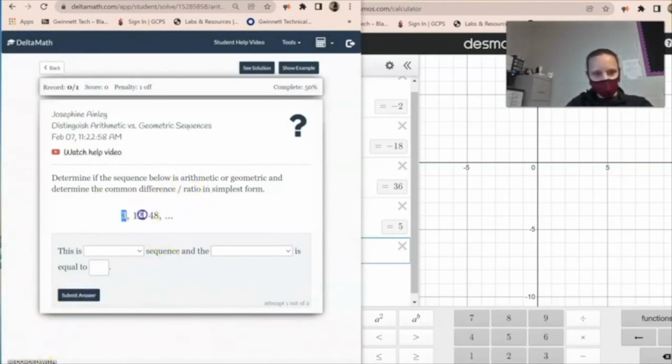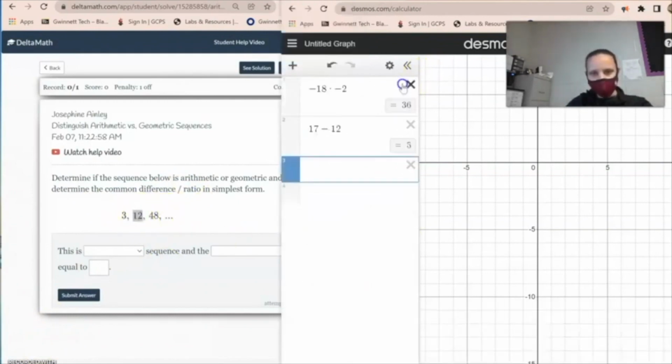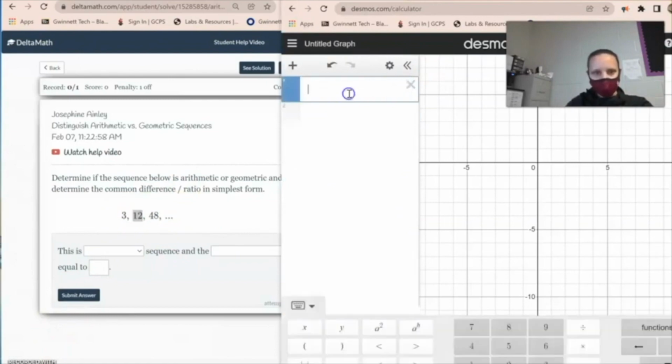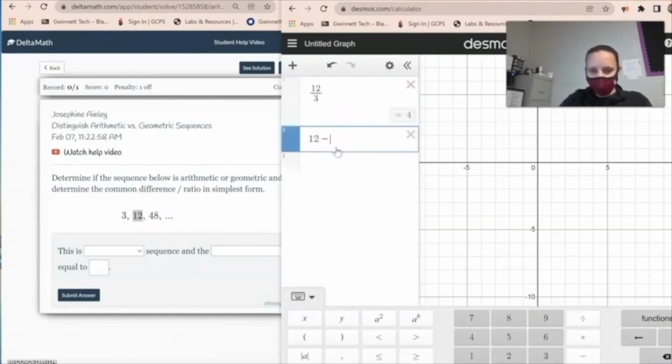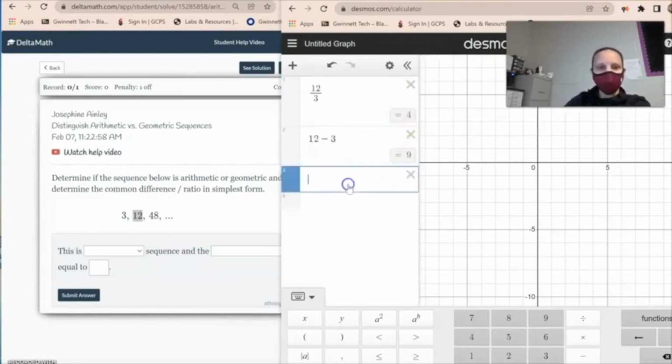So looking from 3 to 12, am I multiplying? Looks like times 4. If I do 12 times 4, will I get 48? I don't know. Let me check. So 12 divided by 3, second number divided by the first, and then the second number minus the first. So it could either be multiplying by 4 or adding 9, one of the two. So let's check. If I do 3 times 4, I get 12.